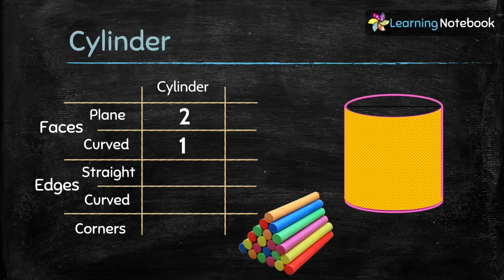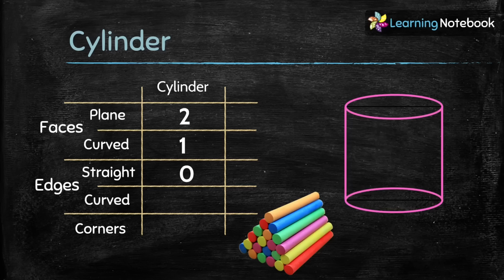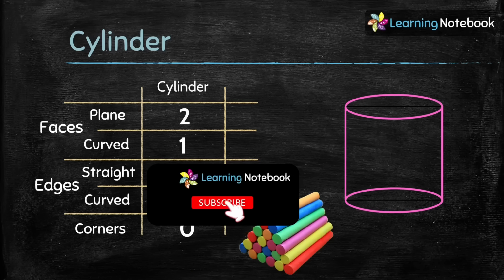Now edges. A cylinder has no straight edge, but it has 2 curved edges, one at the top and other at the bottom. And lastly, corners. A cylinder has no corners.